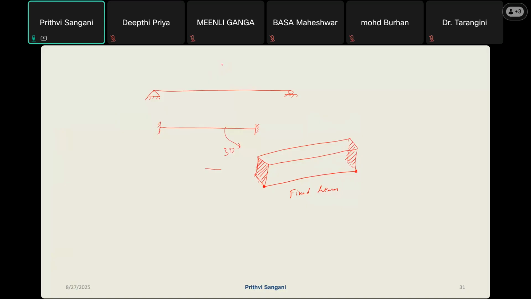In my line diagrams, what I do is I'll just draw a small line, and I'll call it load P, and I say that it is acting at a distance of, say, L by 2 or L by whatever it is. But in this case, where should it act? The same load P is acting on this fixed beam.